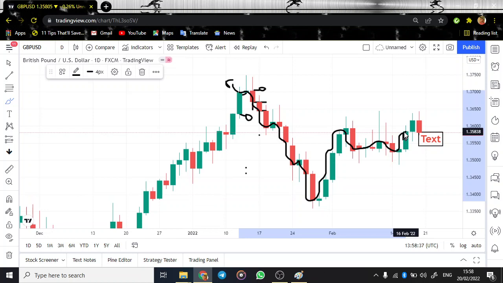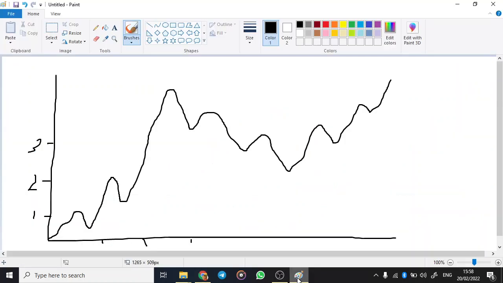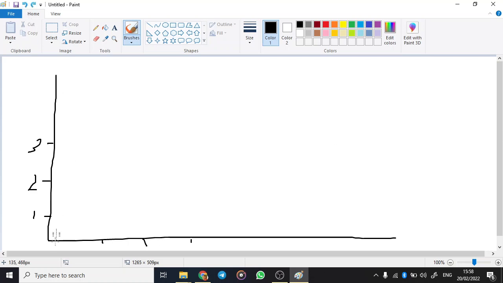So this is how a line chart becomes to be, by connecting every closing price per minute, per day, per hour, just like every candlestick. Okay, so if we go back here, we are saying that if we are on a 1 minute time frame, meaning that every minute we have an opening price and closing price.